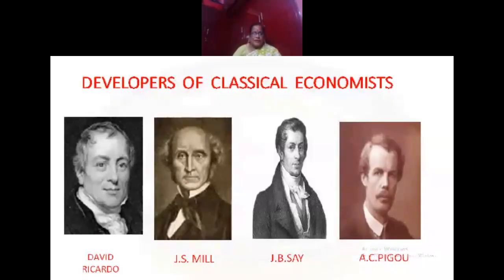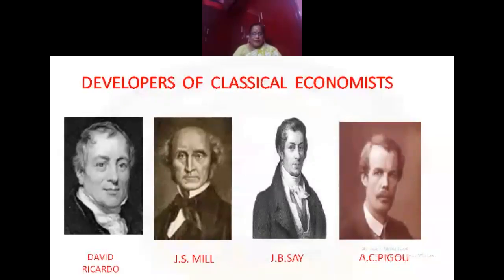There was no single theory which could be labeled as classical theory of employment. The classical theory of employment is composed of different views of classical economists on the issue of income and employment in the economy.